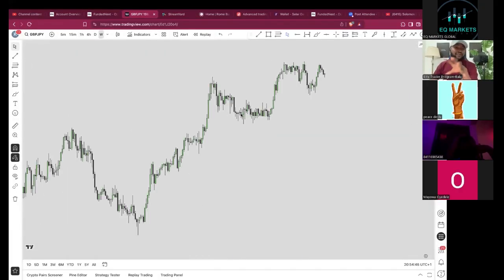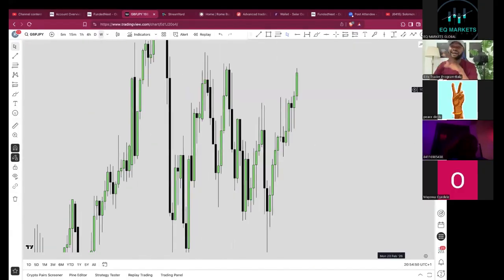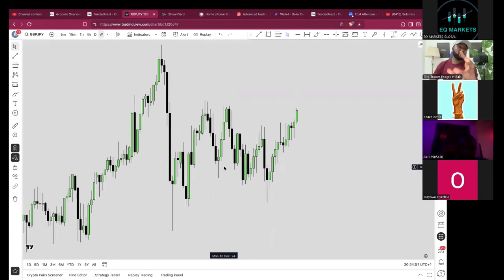So let's start from the weekly time frame. Now, if you're analyzing GBP JPY or any JPY pairs, there's something called the yen basket. How many of you know the yen basket? The yen basket is the benchmark, the index for the Japanese yen.